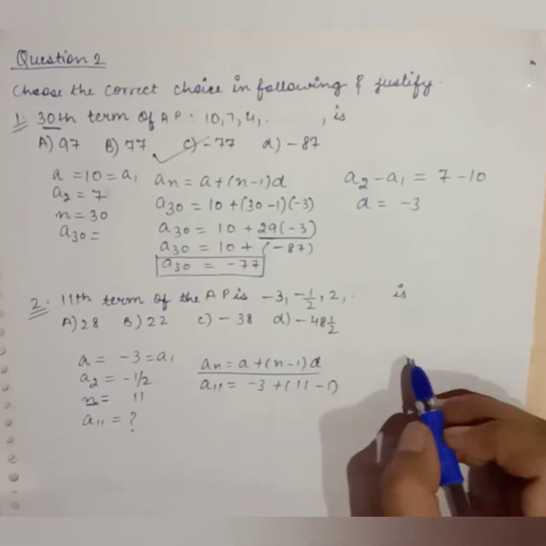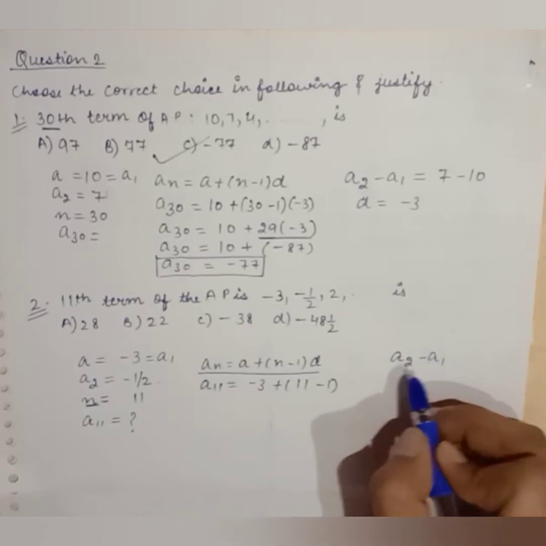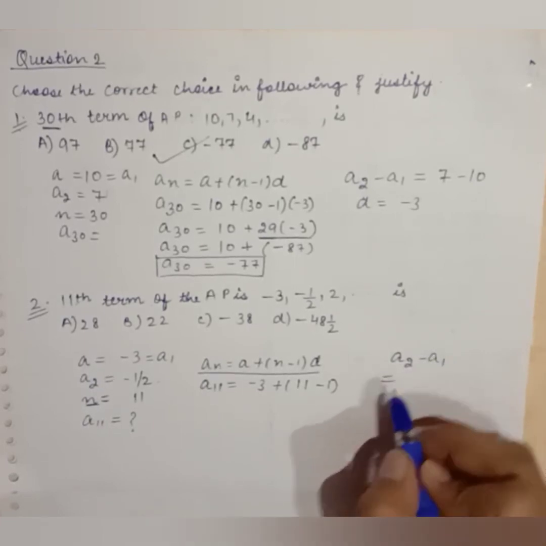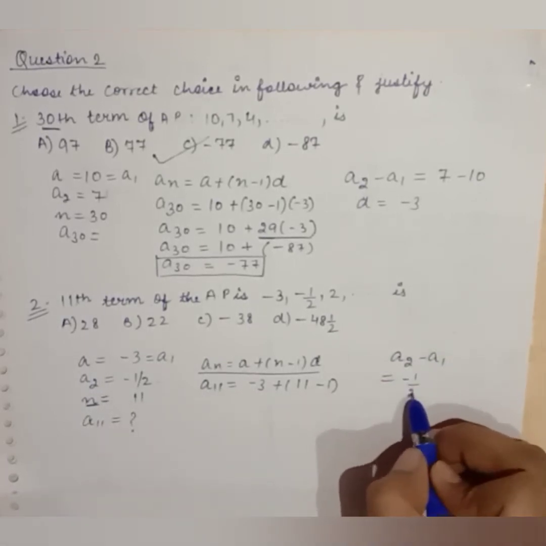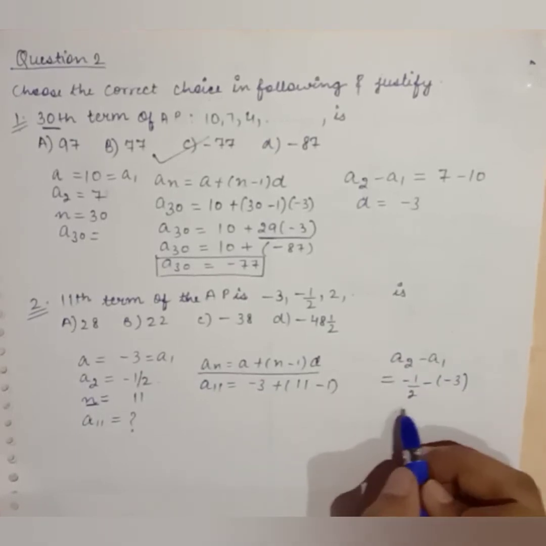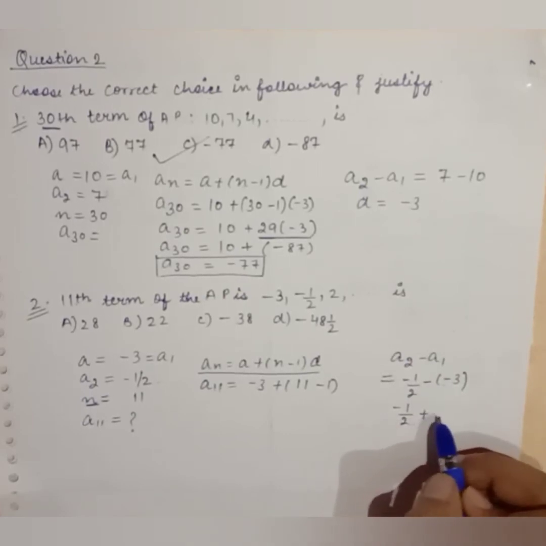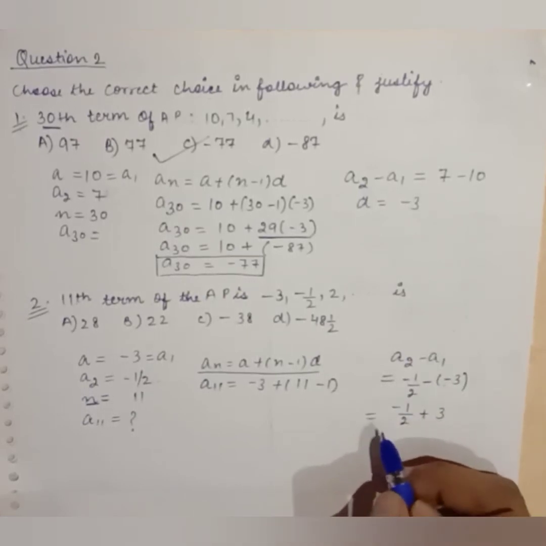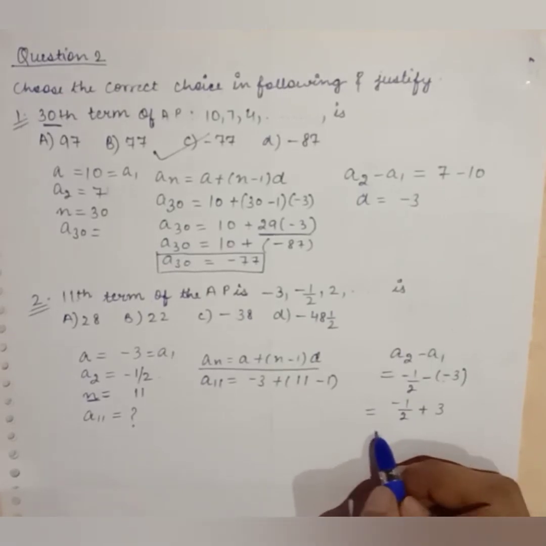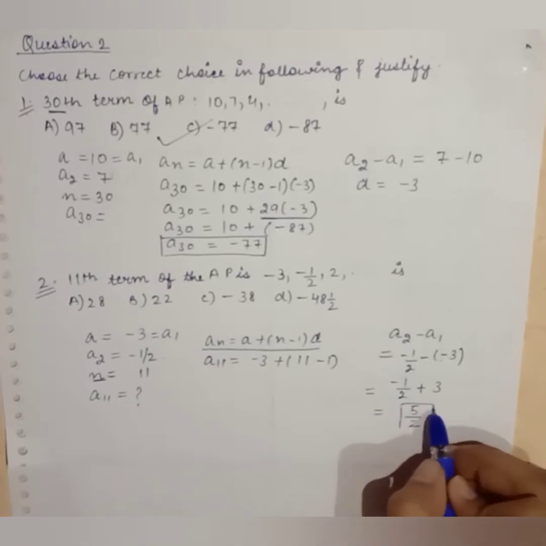For d, we have to subtract a1 from a2. a2 is minus half minus a1, which is minus 3. Minus half plus 3. We get 5/2.